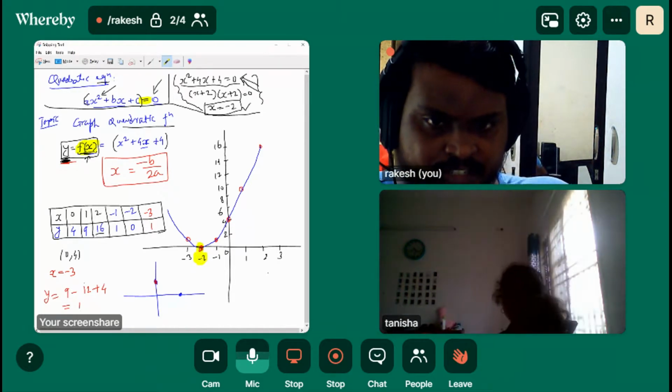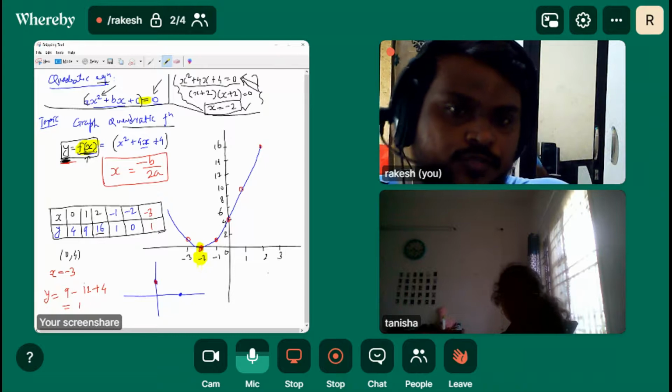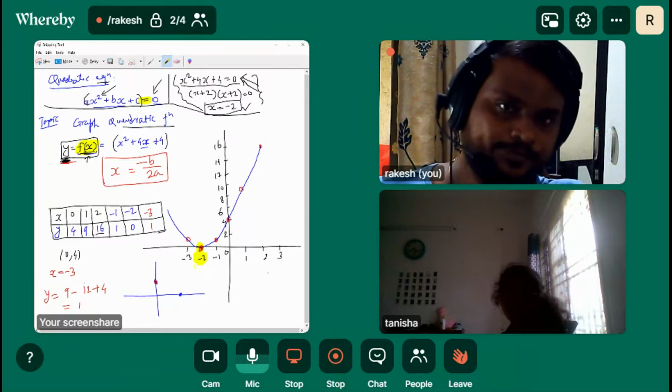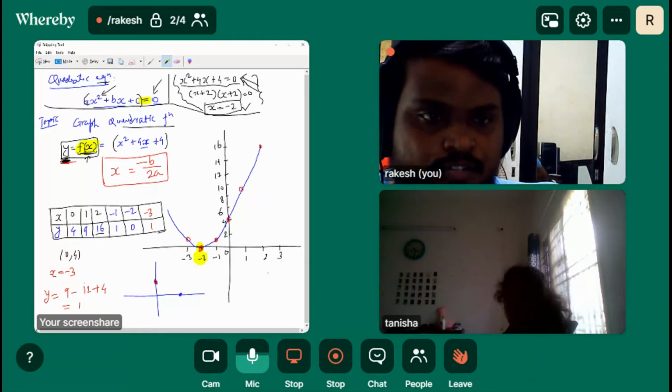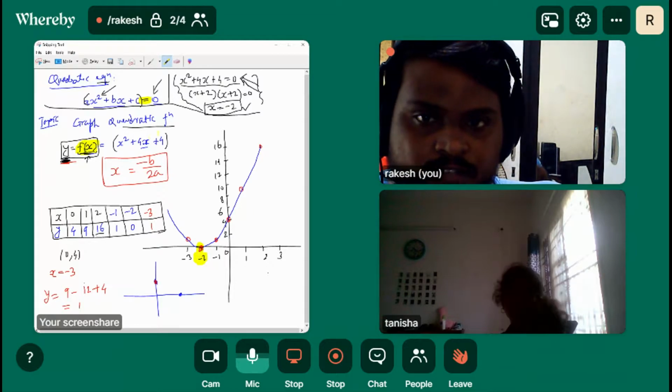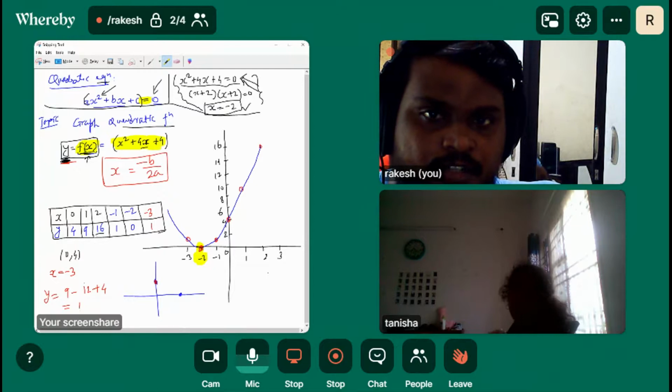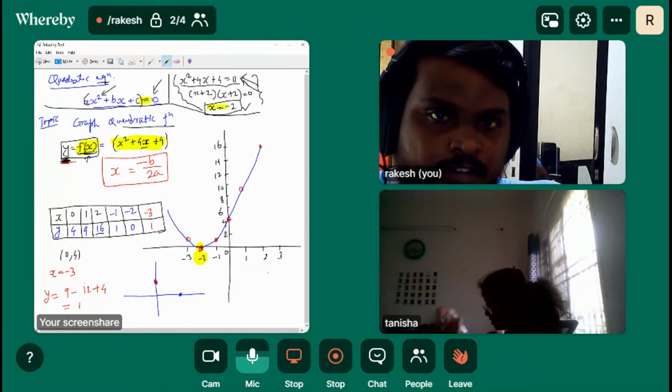At -2 the value of y is 0. Means for x equal to -2, the value of x square plus 4x plus 4 is 0. So we already got x equal to -2 as one of the solutions of this quadratic equation. That's why we got that -2.